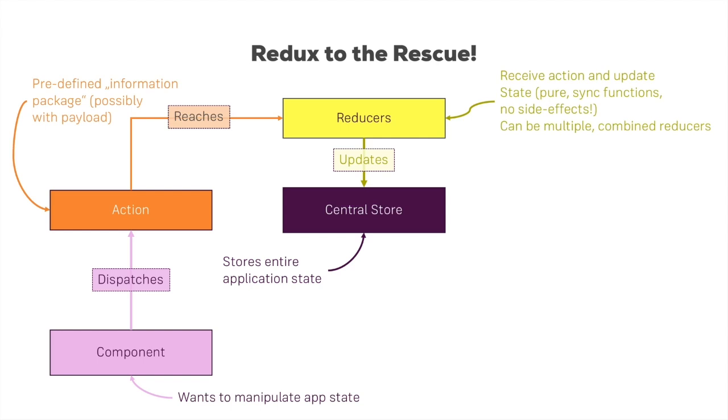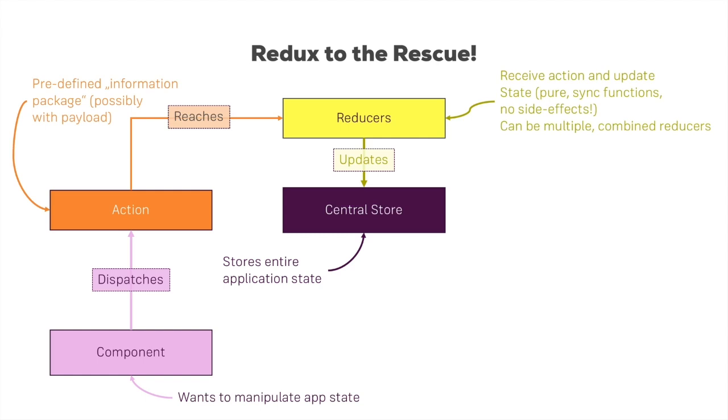And the reducer spits out the updated state, which then is stored in the store again and replaces the old state. And that has to be done in an immutable way. So we always return a new state, which can be based on the old one, but which is technically a new JavaScript object. Because objects are reference types in JavaScript, and we want to make sure that we don't accidentally change the old one. So that is how the reducer handles the action.